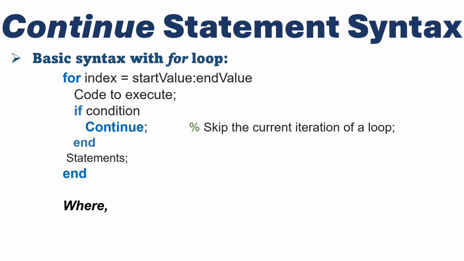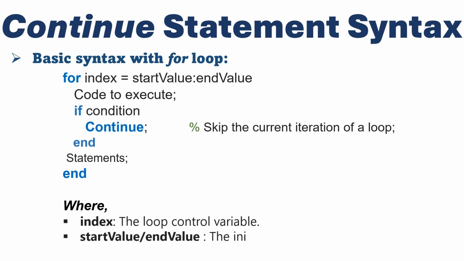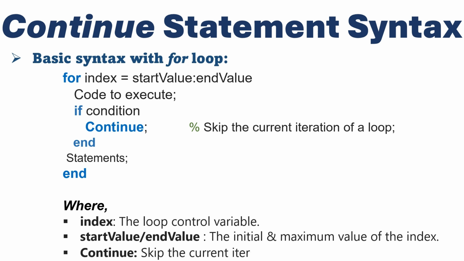So here, index is the loop control variable, start and end value are the initial and the maximum value of the index in the for loop, and continue is the keyword used to skip the current iteration of the loop and immediately start the next iteration.